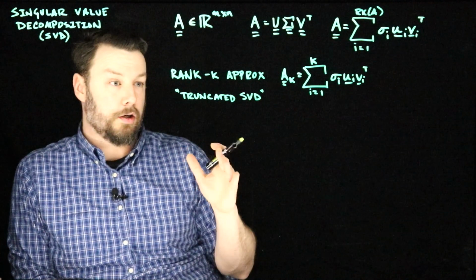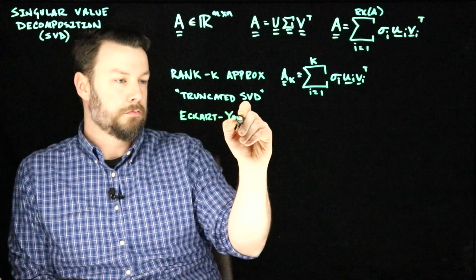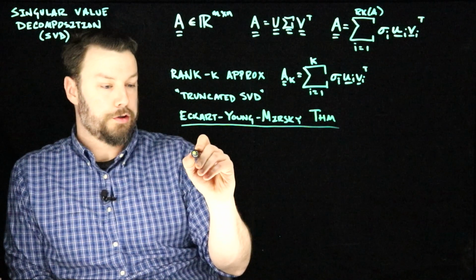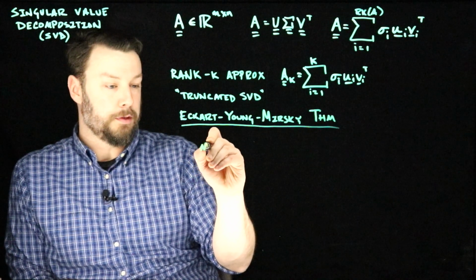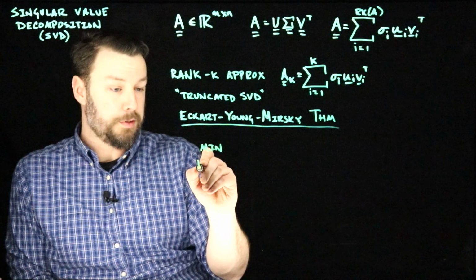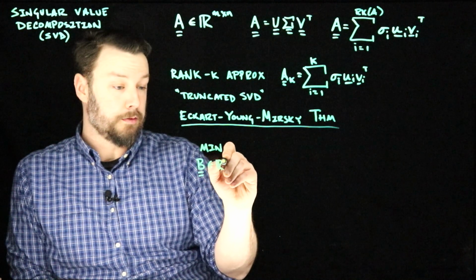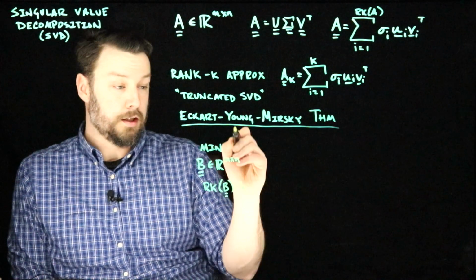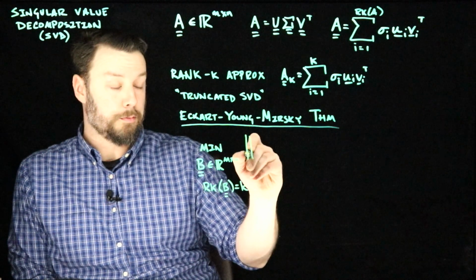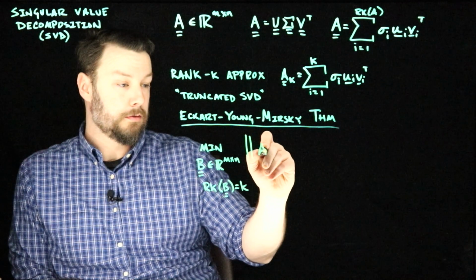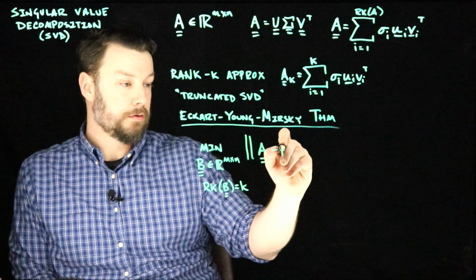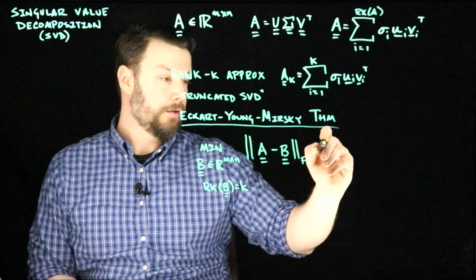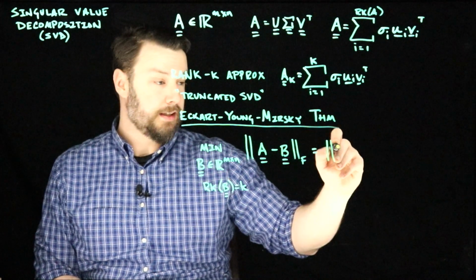This is something called the Eckart-Young-Mirsky theorem. And the idea is that if we were to consider the minimum over all matrices B that are m by n and of rank K, and we were to look at the norm between A and that matrix, then this is going to be achieved by B being this A_K approximation.